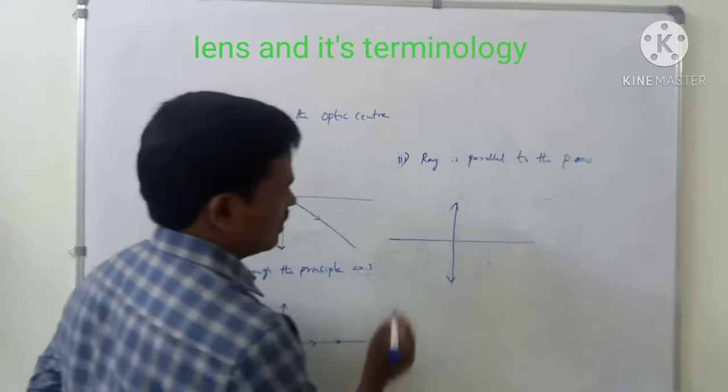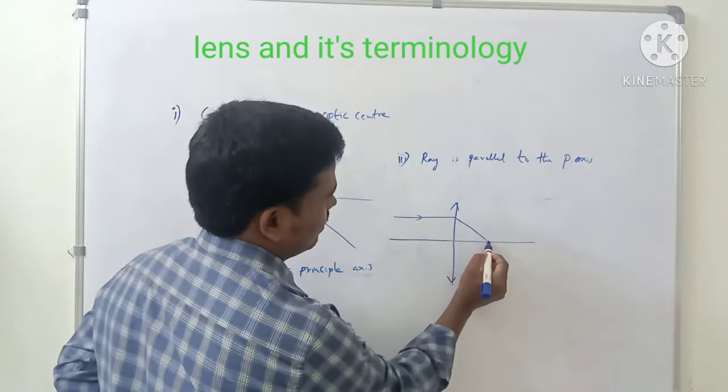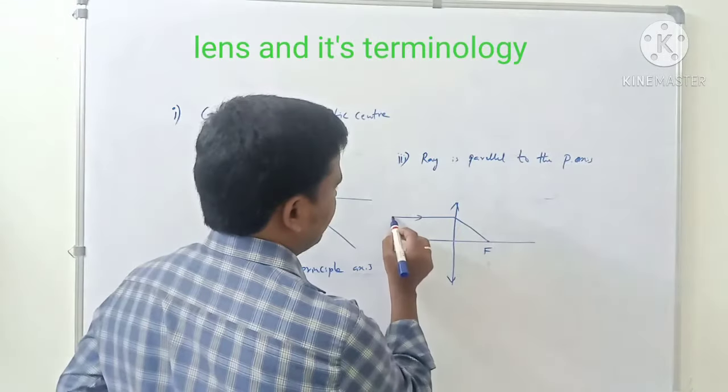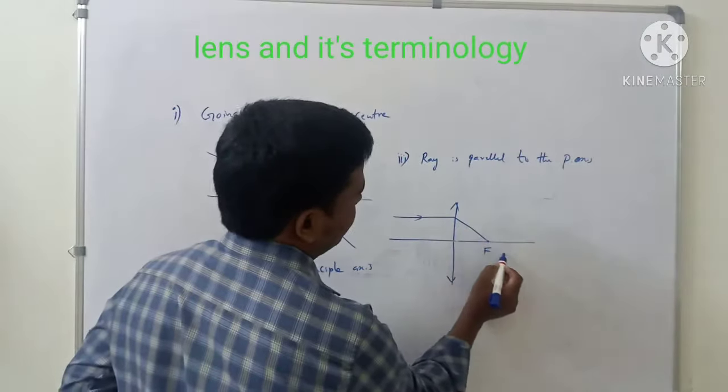If any ray is parallel to the principal axis, the ray converges at the focus. That means the ray coming parallel to the principal axis goes through the focus.